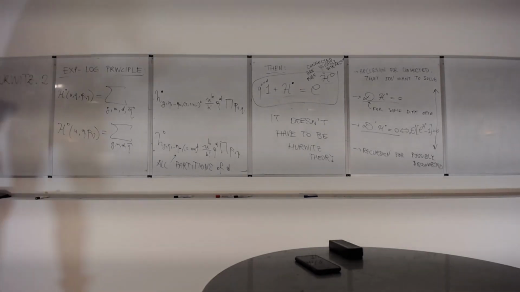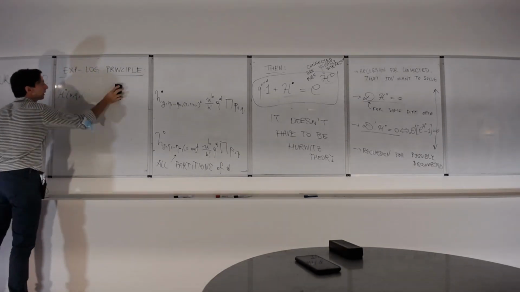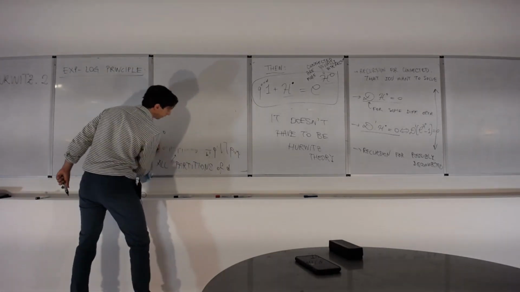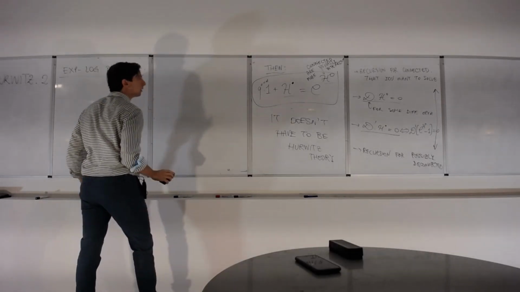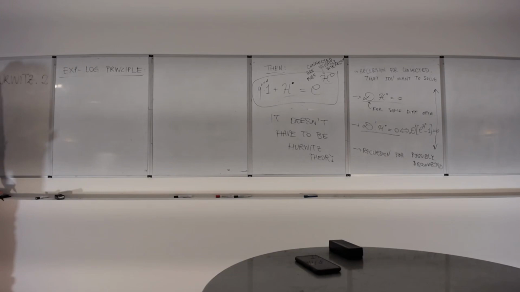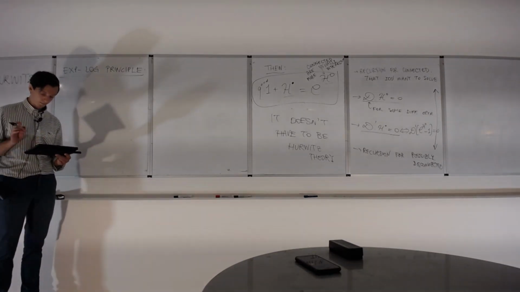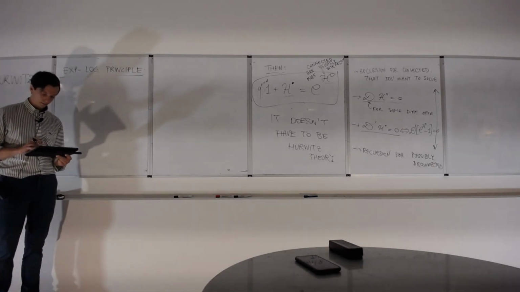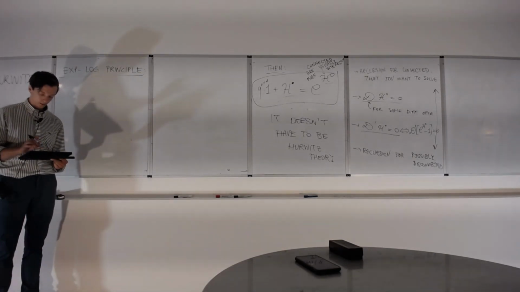Or maybe I should write an explicit differential operator that annihilates this. Maybe this will make things more concrete. Maybe I should make an example. Let me skip some stuff.